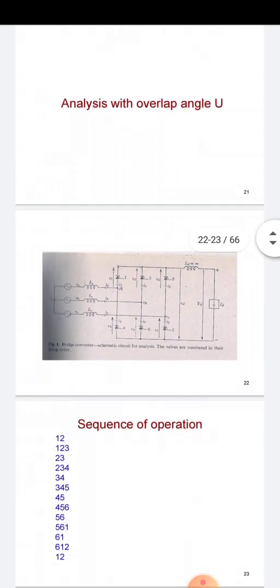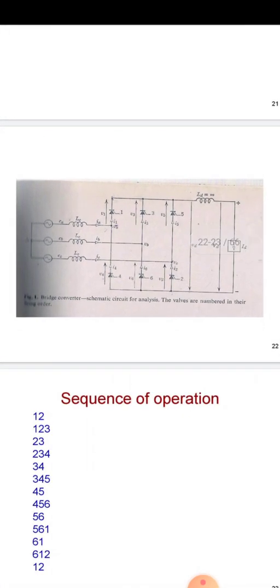Then, this is the 6 pulse converter circuit. This 6 pulse converter circuit is different from the above 6 pulse converter circuit and 6 pulse bridge converter circuit, because it has one feedback diode anti-parallel to the output load.